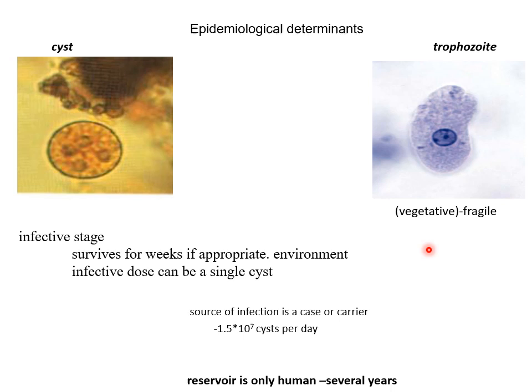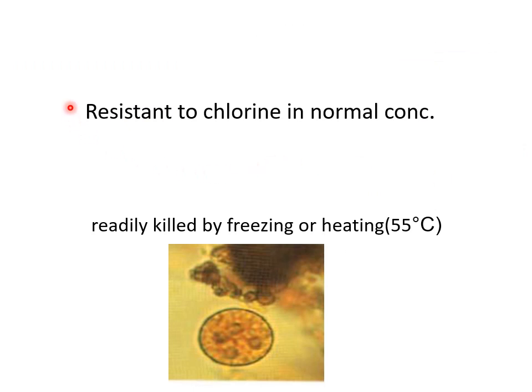Your trophozoite is the disease-causing stage in the human being, but it's not the infective stage. You need to know this particular difference and the carrier state. Now, is it resistant to chlorine in normal concentration? Yes, but it's readily killed by freezing or heating. So you boil water for drinking.